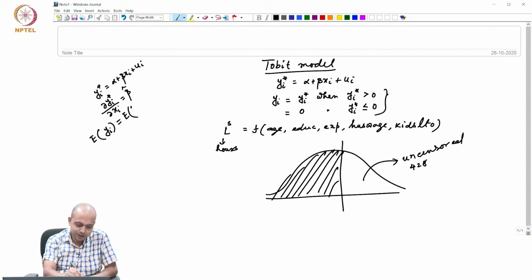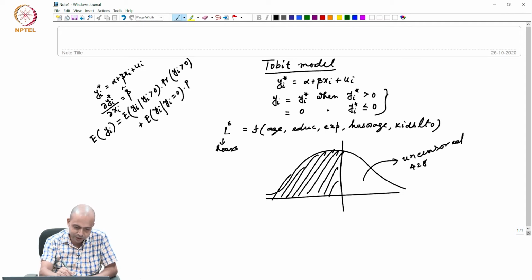It is the expectation of yi when yi is greater than 0, multiplied by the probability that yi is greater than 0, plus the expectation of yi given yi equals 0, multiplied by the probability that yi equals 0. This second portion is actually 0, so when you multiply, it becomes 0.